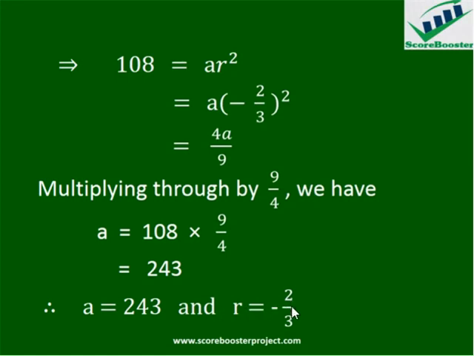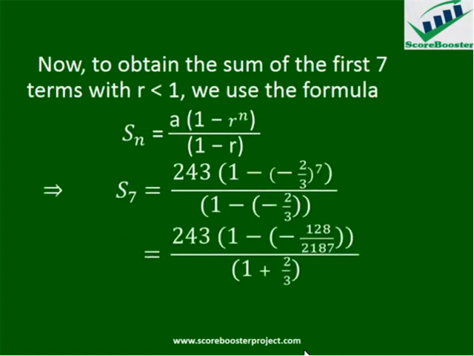Now we have the parameters to obtain the sum of the first 7 terms, as we are asked to obtain in the question. Since the absolute value of r is less than 1, we use this formula for obtaining the sum of the first 7 terms.